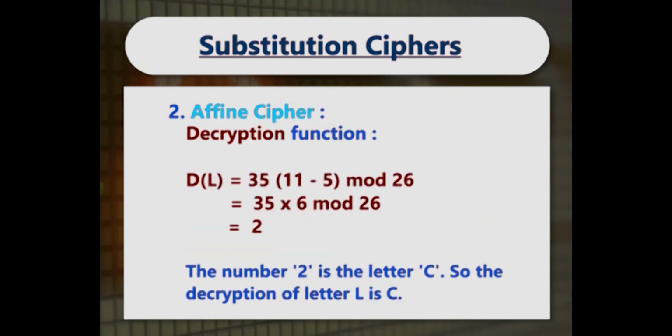Now, put all the values in the decryption function, that is d of L is equal to 35 times (11 minus 5) mod 26, and we get 2 as the answer. So, we can now check what number 2 is in our alphabet system, and the number 2 is the letter C. So, the decryption of letter L is C.